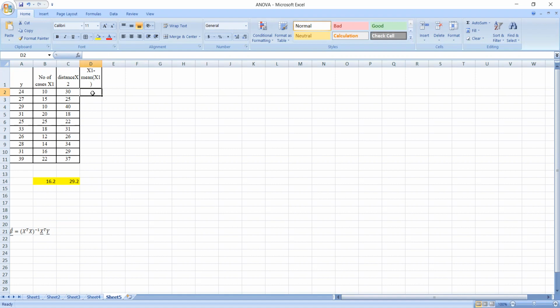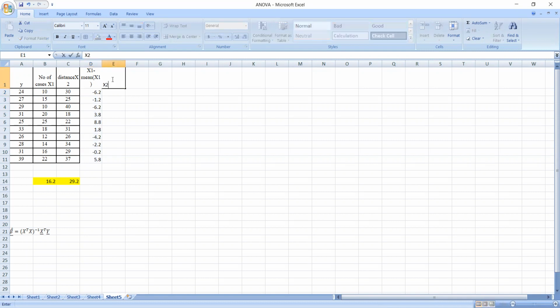To calculate x1 minus x1 bar, first you take the x1 value and subtract its mean, that is 16.2. So in this case, I'm going to subtract the mean value from each and every observation of x1. Same thing we can do for x2.